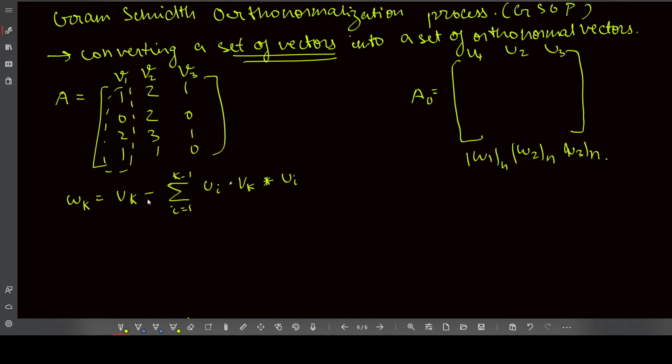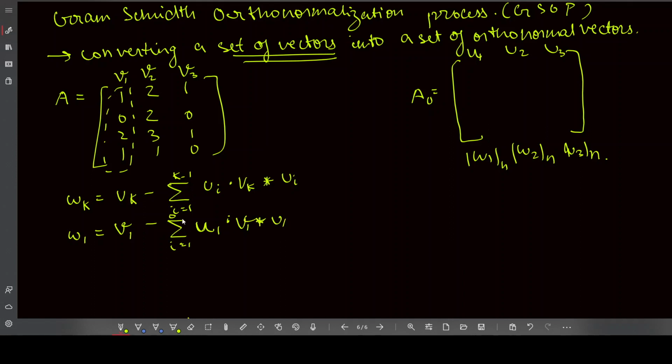Okay, so w1 is v1 minus this sum with i equals 1 to 0 of u1 dot v1 into u1.